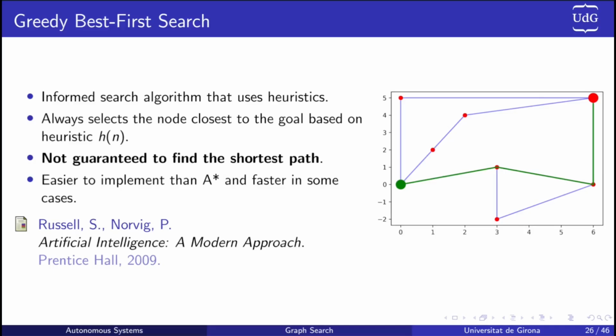I don't know if you know this book. This book was very popular 15 years ago, something like that. I think 2009 was the second edition, but in 2010, 2015 even, it was very popular because it summarizes all the main artificial intelligence algorithms out there. And for artificial intelligence, it means graph search, okay?